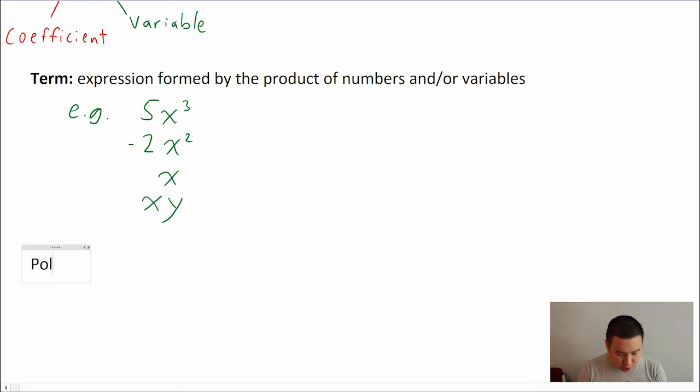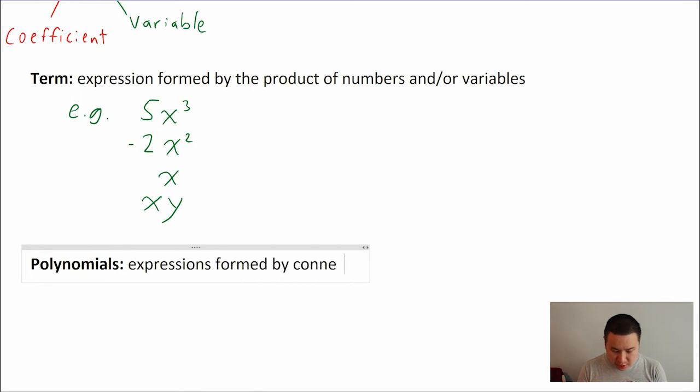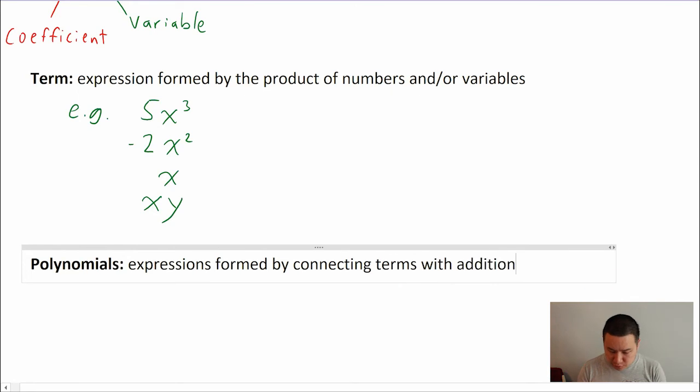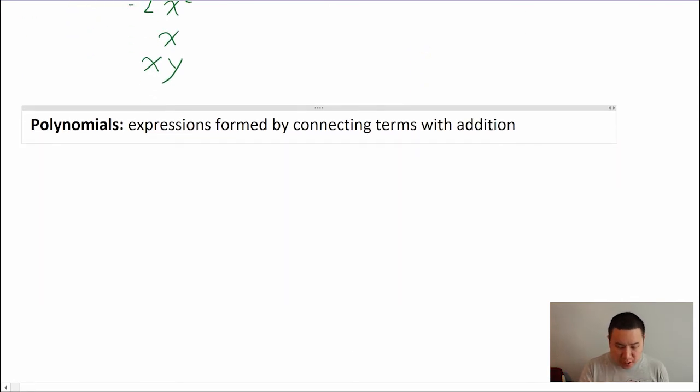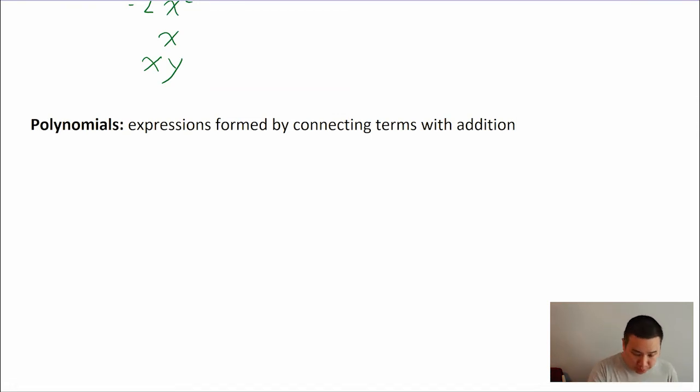So polynomials are expressions formed by connecting terms with addition. So you have these terms. They could be positive, they could be negative, and when we add them together, that's when we have polynomials.